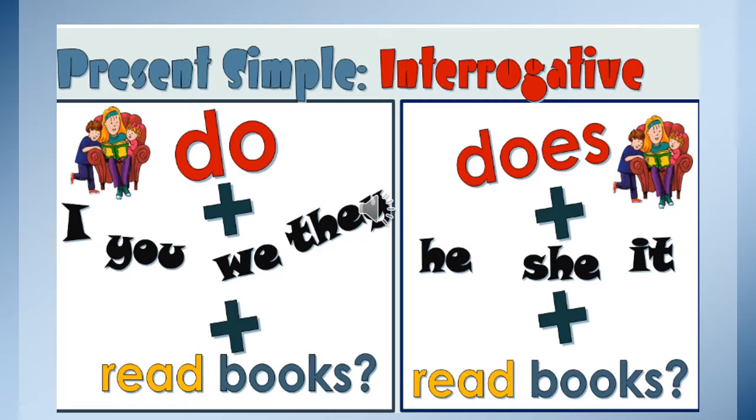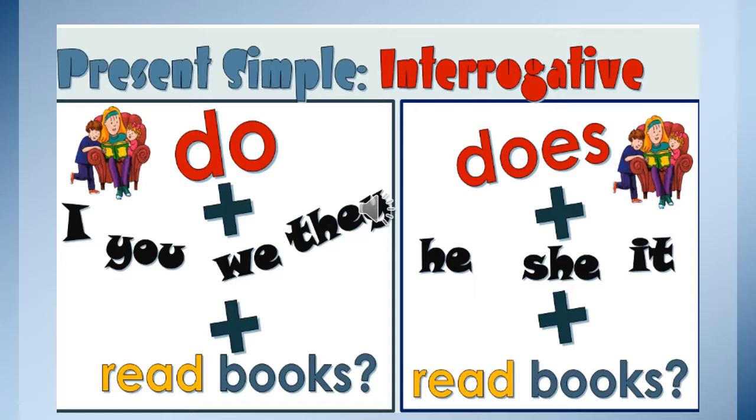Okay, so the present simple in the interrogative. This part is easy. You can identify two auxiliaries: the auxiliary do and the auxiliary does. You can make a lot of sentences with the pronouns.